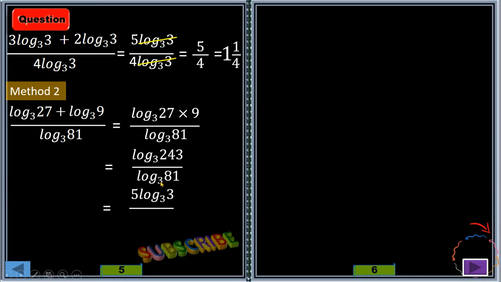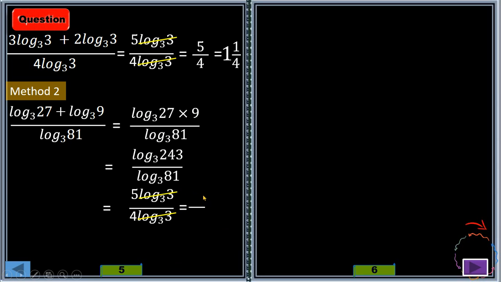That's simplifying this. And then this will give us 4 log 3 base 3. Again, as we had simplified here, we divide log 3 by log 3, and then we're left with 5 over 4. Then we can now write that in the mixed number form, 1 and 1 over 4.